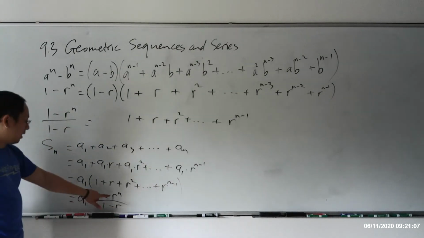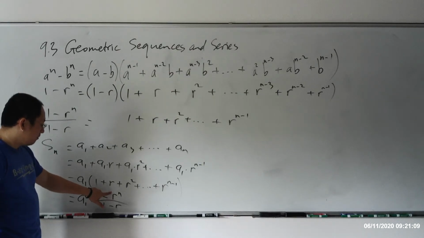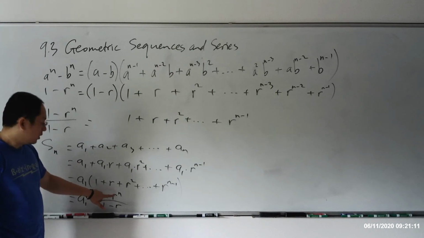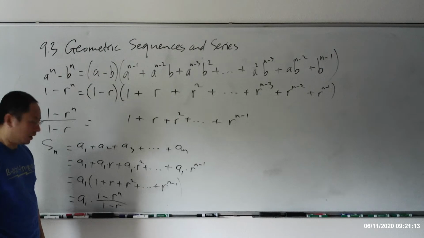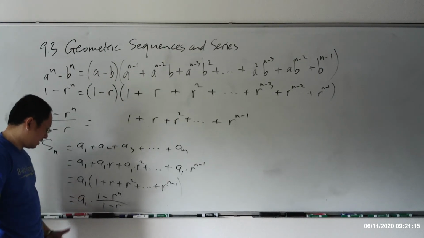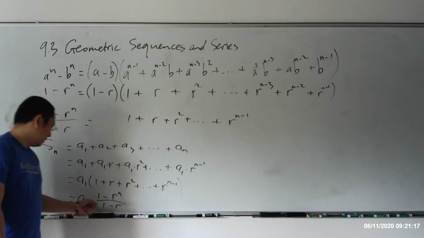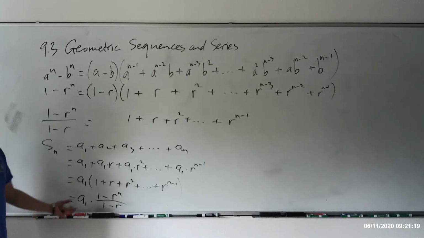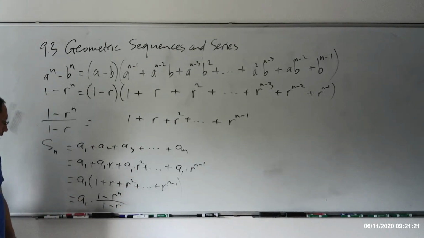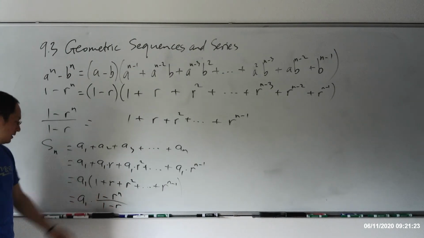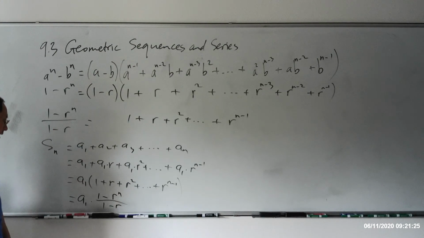And now look at the r right here. What if r is bigger than 1, say 2? 2 raised to the n goes to infinity, right? So 1 minus infinity is negative infinity, and times the constant a1, the sum is going to be either infinity or negative infinity. What if r equals 1? We could have an undefined sum there.